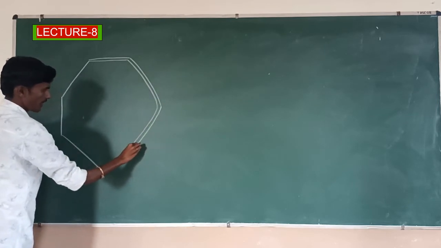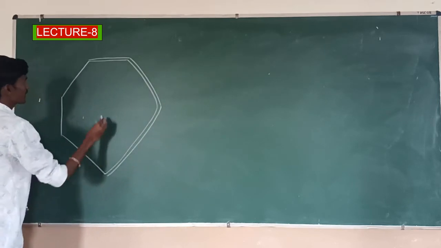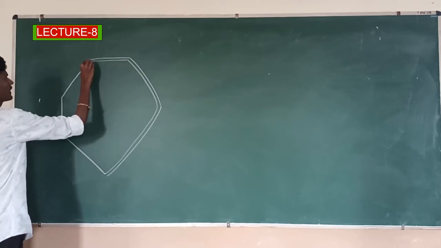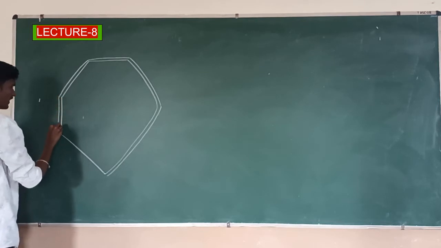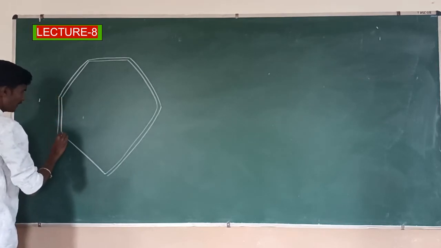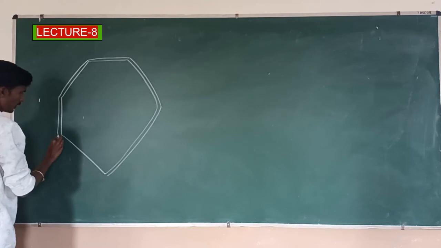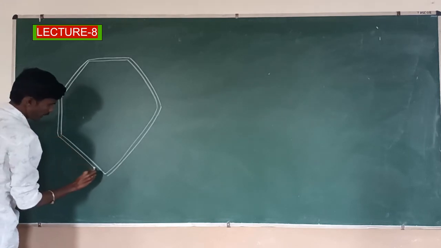This is the diagram of a plant cell. The shape of cells may vary. Varied means different. Some are rounded, oval, polygonal or rectangular.